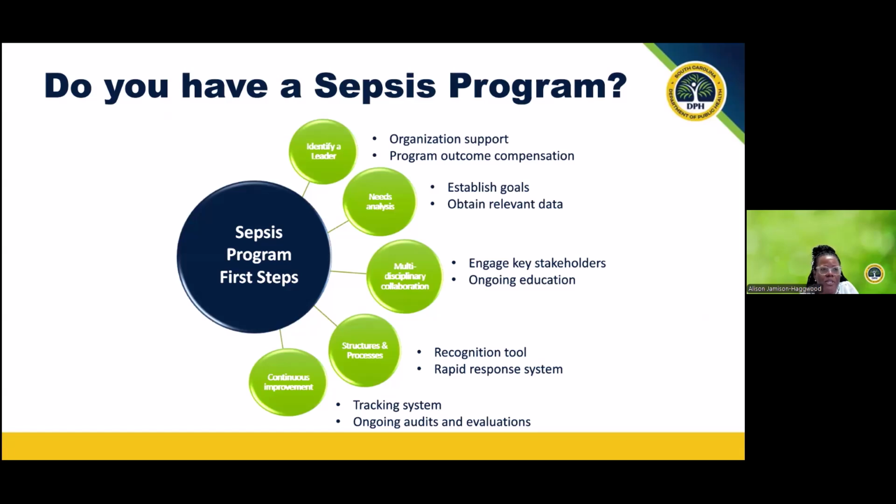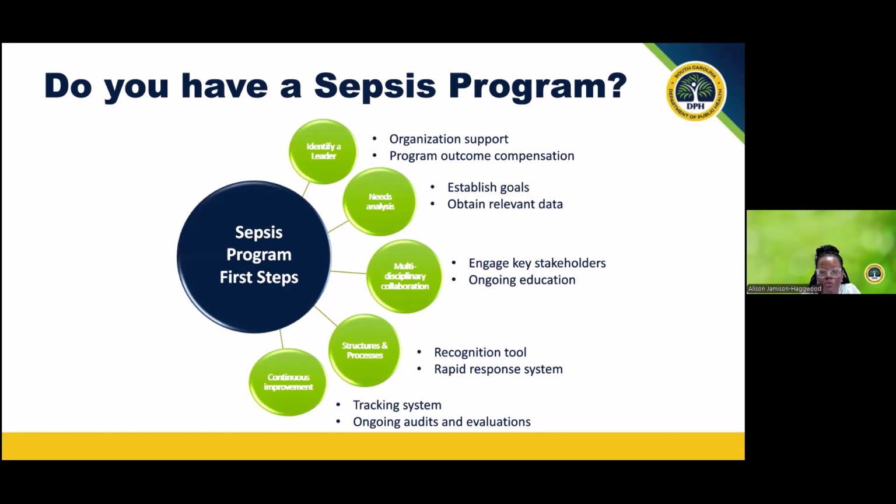If you have a physical therapy or rehab program in your facility, you want to include those individuals as well, because they play a vital role in caring for these residents as well. And then provide ongoing education. That's important.